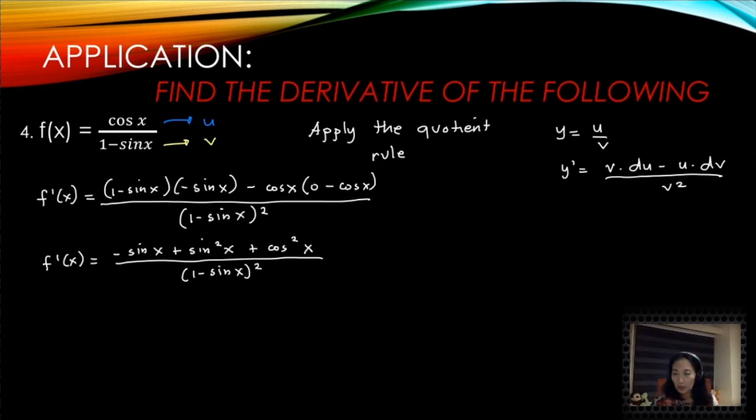Now, is there any way by which we could simplify the numerator? I'd like you to pay attention to the last two terms of the numerator.